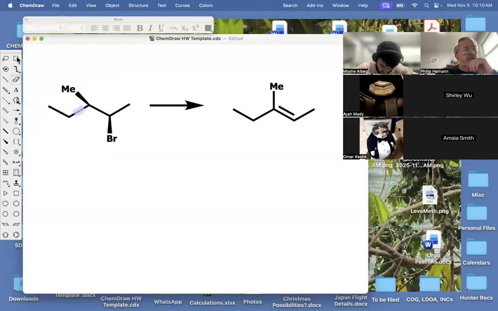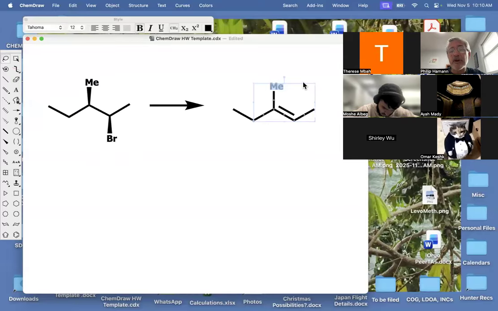What if we just left the methyl on the wedge? Would that be wrong? Yes, wedges make no sense on double bonds. Oh, I see. These carbons are all coplanar. What sense does a wedge make?